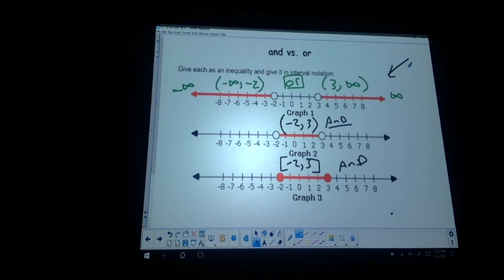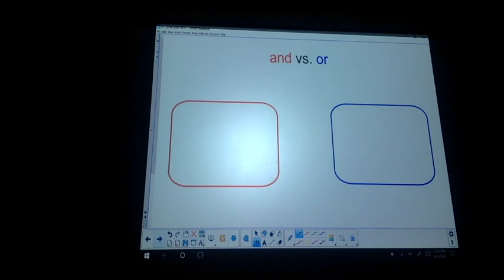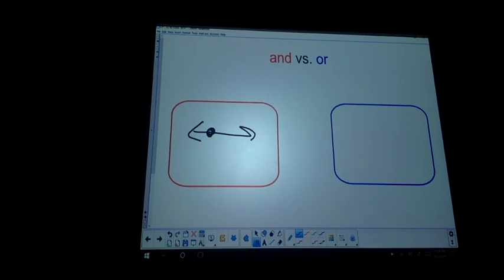So let's keep that in mind as we progress forward. If I have an and, I shade in between. If I have an or, I shade away from.